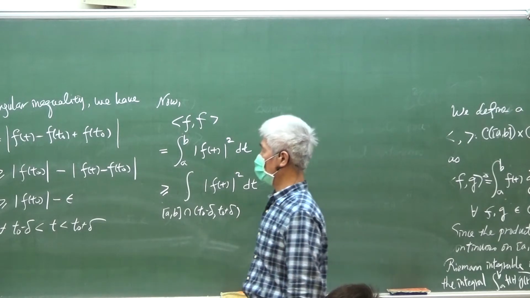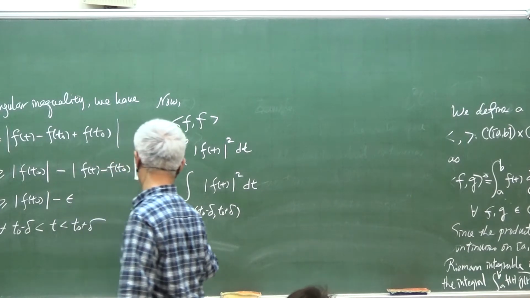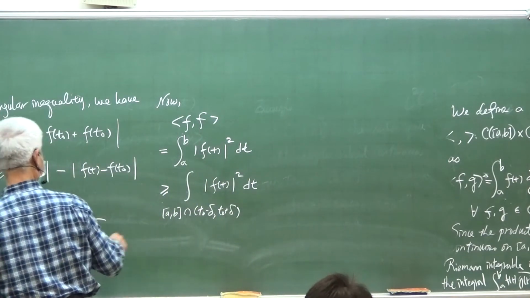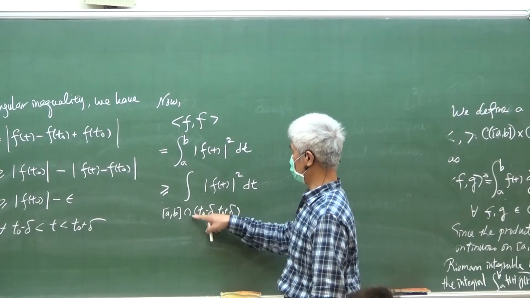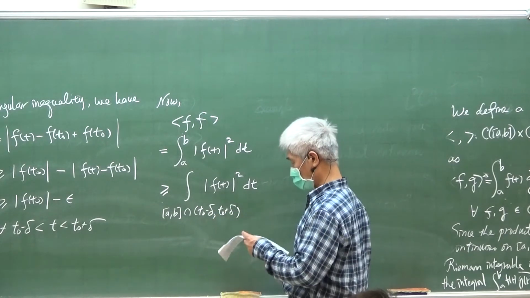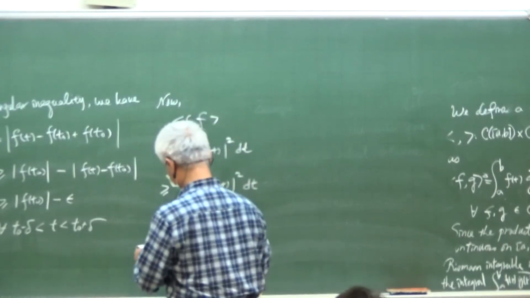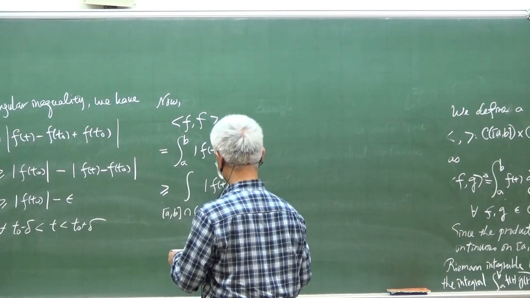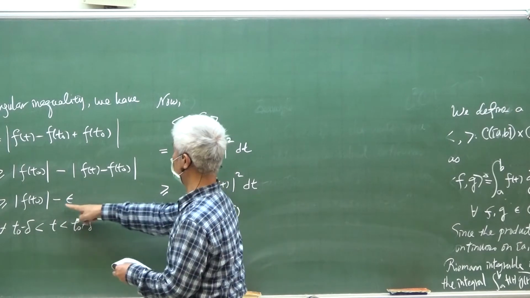Most often, if t0 is an interior point of [a, b], then of course this is equal to this open interval. But that's fine. And this is the lower bound.